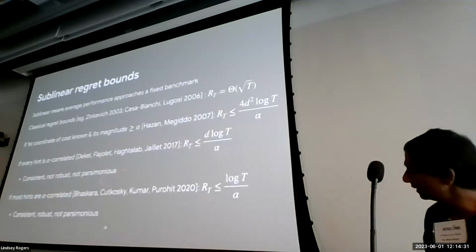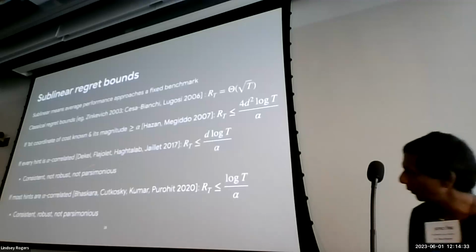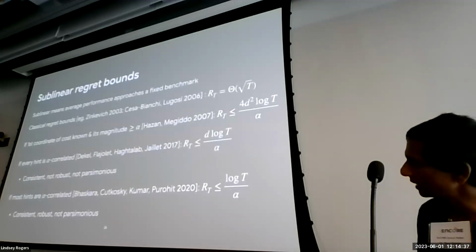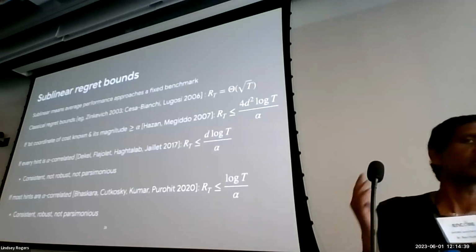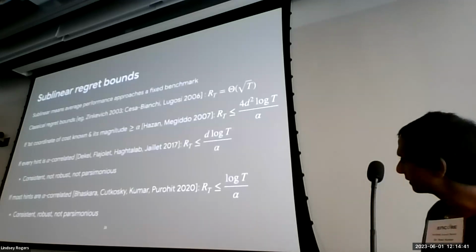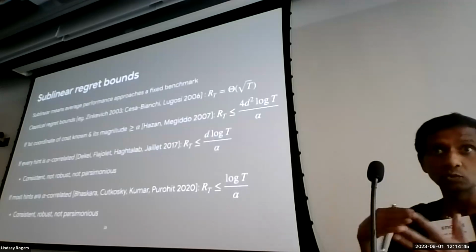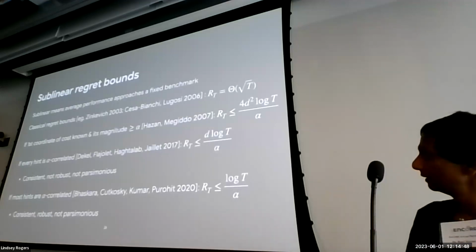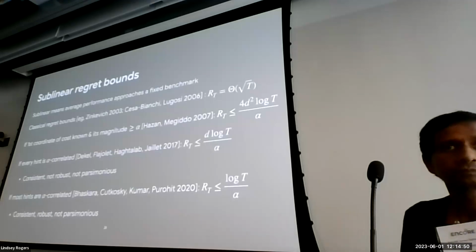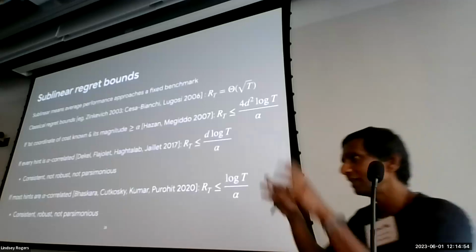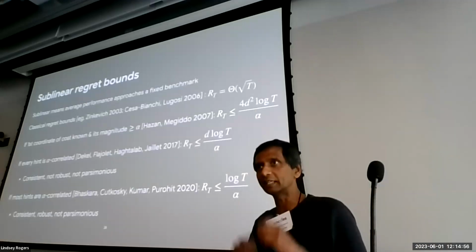In the first work that we did a few years ago, we were able to relax the result. We showed that even if most hints are alpha correlated, you can still get log regret. In addition to shaving this factor D, you get an improvement in making this result robust. You don't need correlation at every time step; there can be bad time steps where the hints are not correlated.